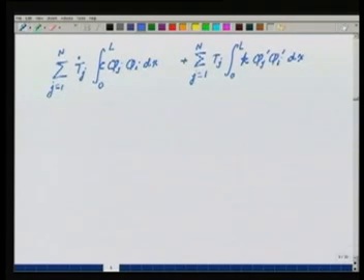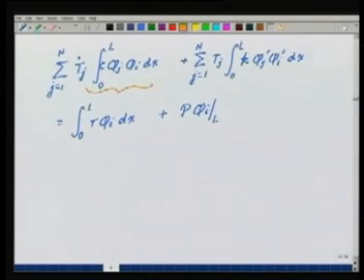This is equal to integral 0 to L r phi I dx plus p phi I at L. I will call this whole integral the big Cij. This integral, which you have already seen, I will call the big Kij, and this whole integral is Fi.